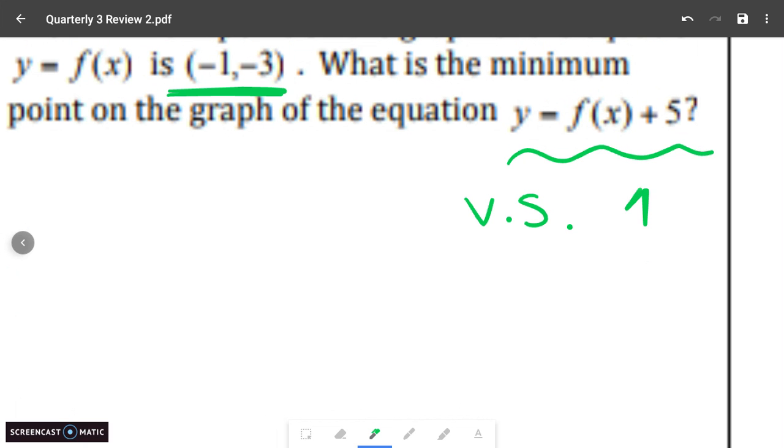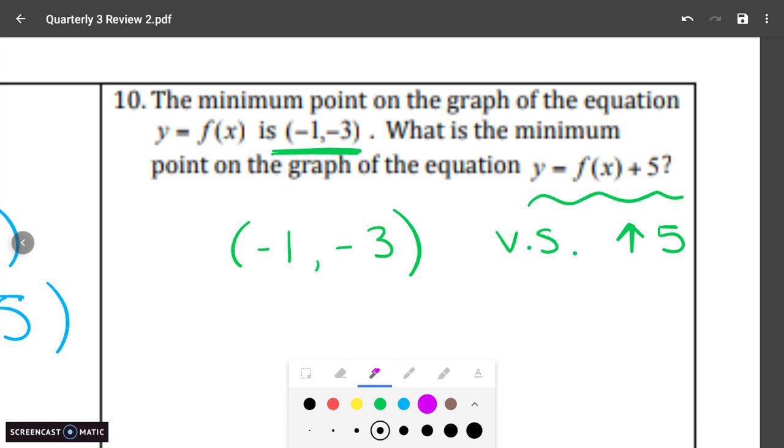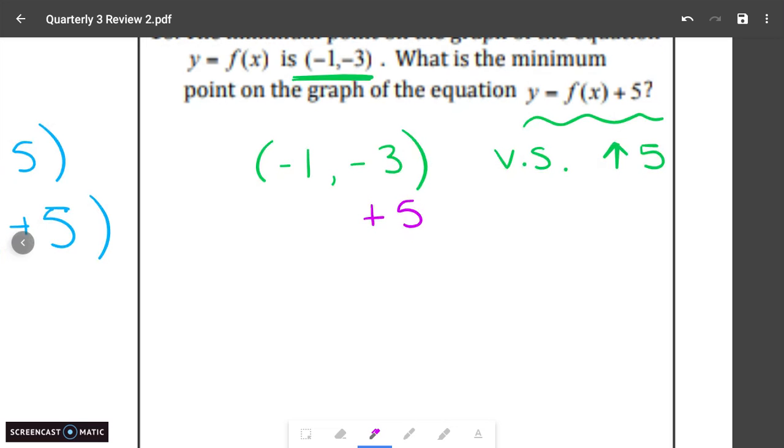So it's going up 5. So if this point, -1, -3, is going up 5, that's shifting every point in the positive up direction. So the y is going to be up 5. So the new point should be -1, 2.